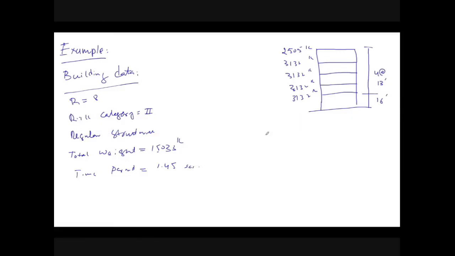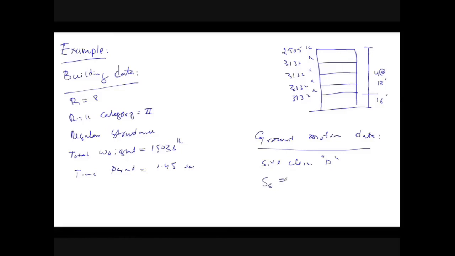Now the ground motion data. The site class is D, which is a stiff soil. The regional values for the spectral acceleration are given.